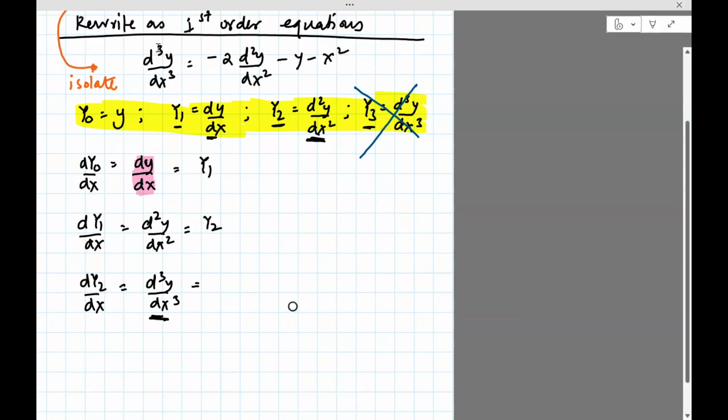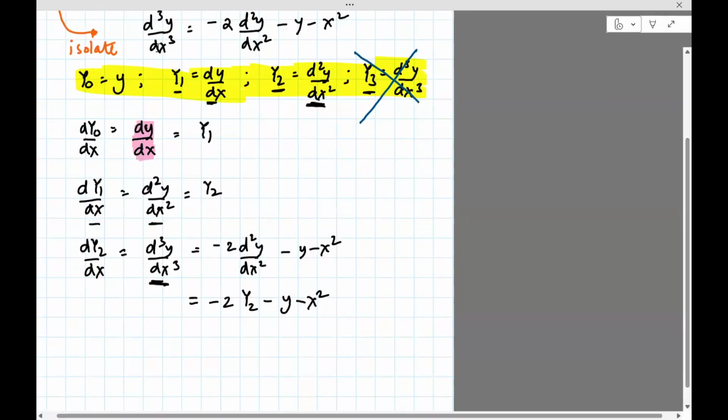So this should be here minus 2 d square y dx square minus y minus x square. But I don't keep it in terms of the lowercase y. I need to keep it in terms of uppercase Y. So here it would be minus 2 times this, just y2, minus y minus x square.